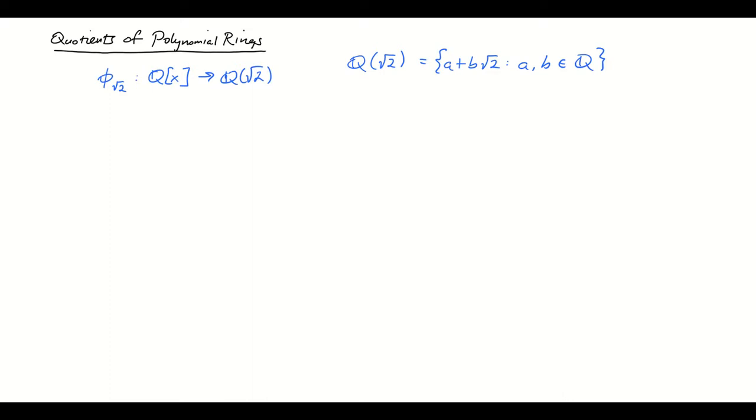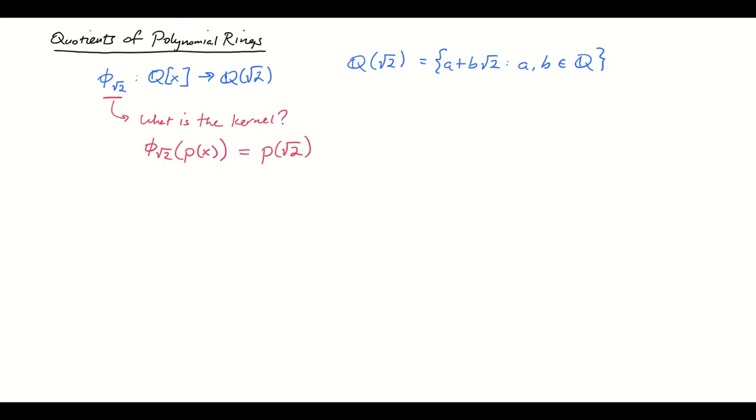Alright, so let's take a look at the map phi sub square root of 2. I want to ask the following question. What is the kernel of this map? Okay, so let's first recall that phi sub square root of 2 of any polynomial is that polynomial evaluated at the square root of 2.